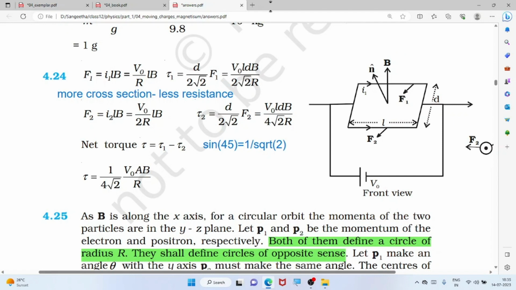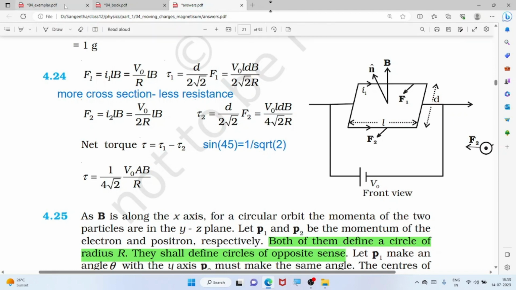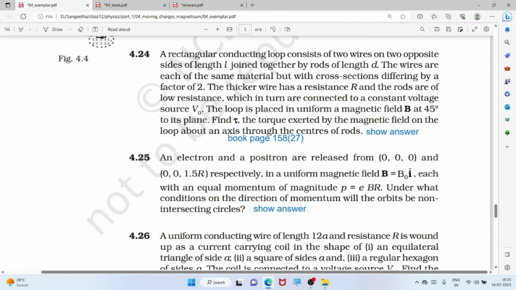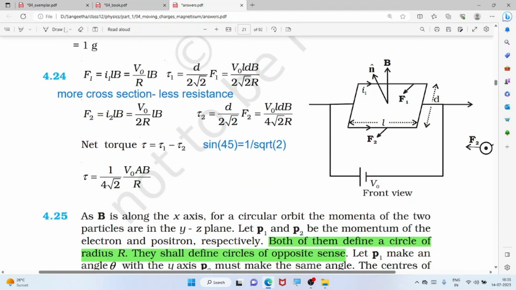So you are finding this force. Because this angle is 45 degree, they have given 1 by root 2. B is at 45 degree.